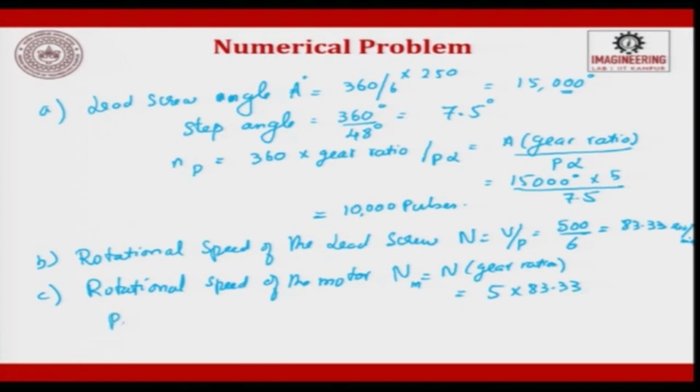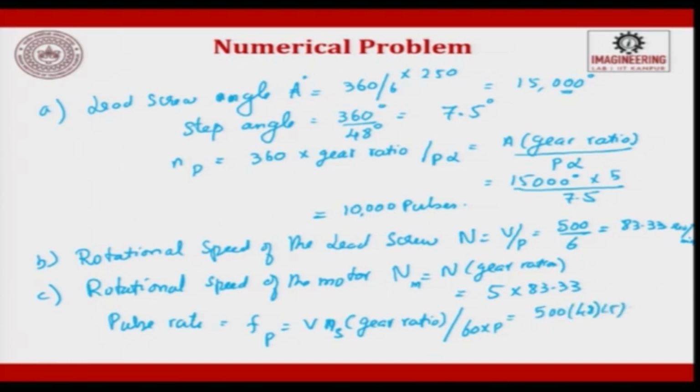Then the pulse rate is Fp equal to V into Ns into gear ratio divided by 60 into P, which is 500 into 48 into 5 by 60 into 6, which is nothing but 333.33 hertz.